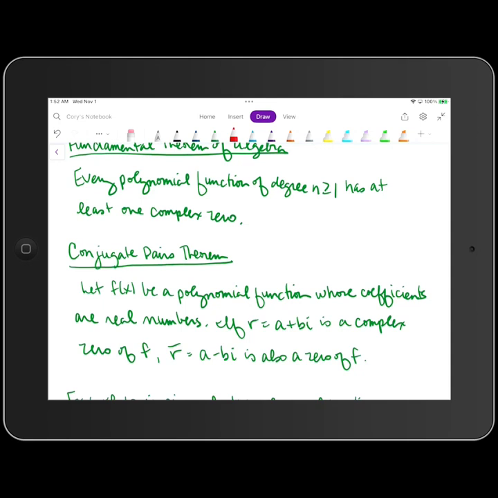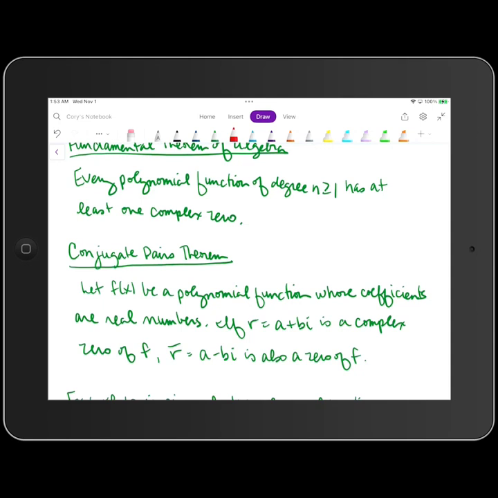Okay, so if r, which is equal to a plus bi, is a complex zero of f, then r bar, so what we have is r with the horizontal bar on top, which is the conjugate of r.